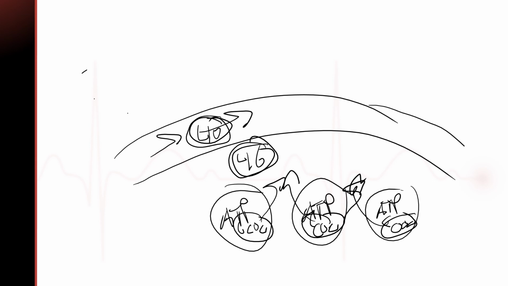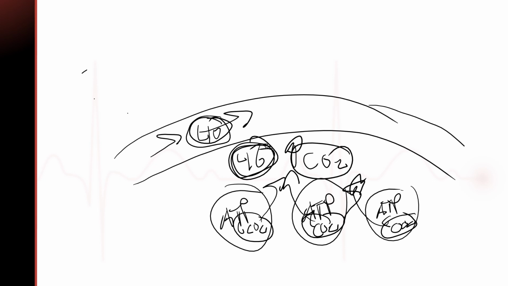But for now, I just wanted to establish where this carbon dioxide is actually coming from. First of all, in the interstitial fluid, it's coming from the cells that exist around the interstitial fluid. The cells are constantly producing CO2, which is moving into the interstitial fluid and driving up the amount of CO2 in the interstitial fluid, and thus the partial pressure of carbon dioxide within the interstitial fluid is constantly rising.